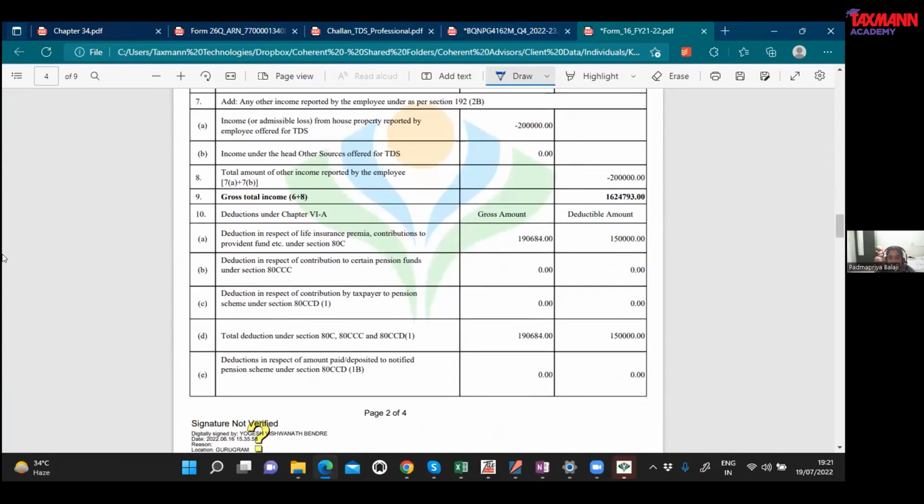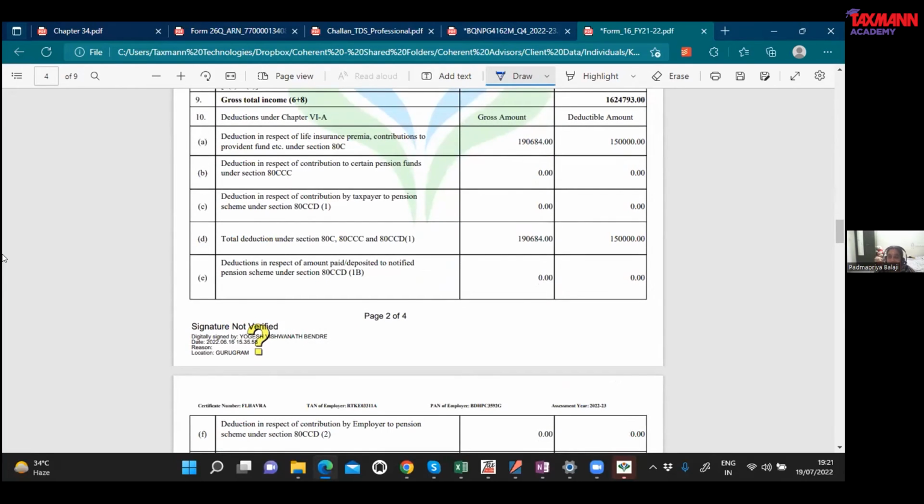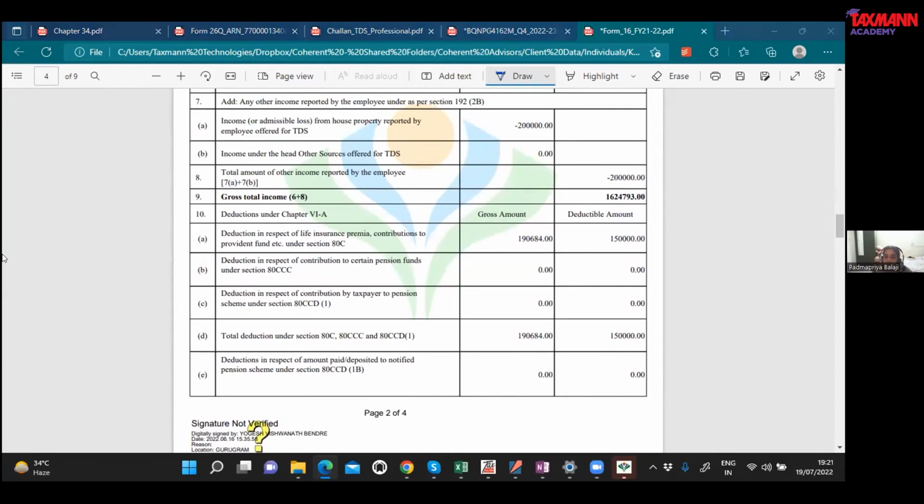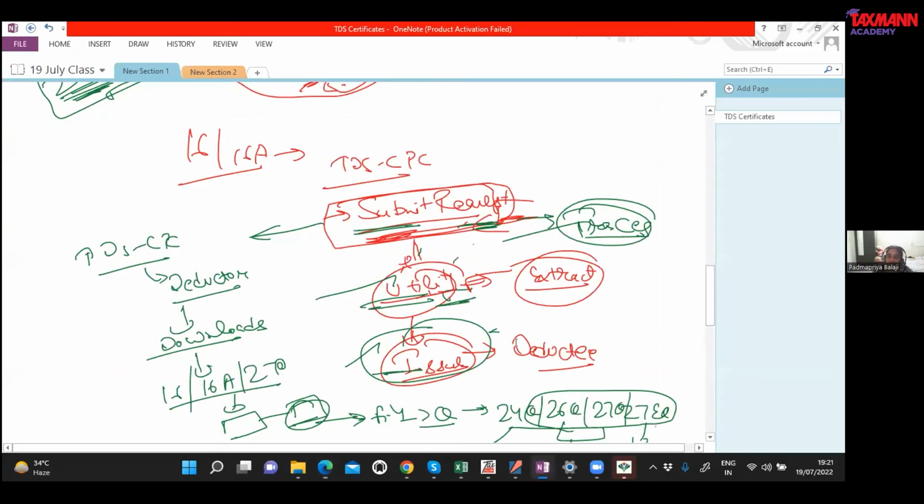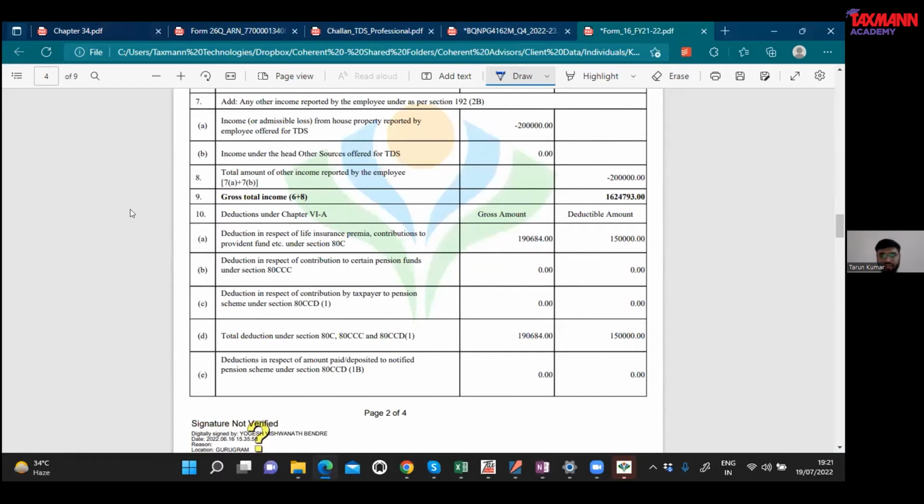Sir, other details also, heads of income, other income, will they be mentioned in form 16? Yes, if the employee declared something, that will be shown here also. For example, in this case, this person has a loss under the head house property. So he has given the declaration to that employer, and yes, this has also been shown.